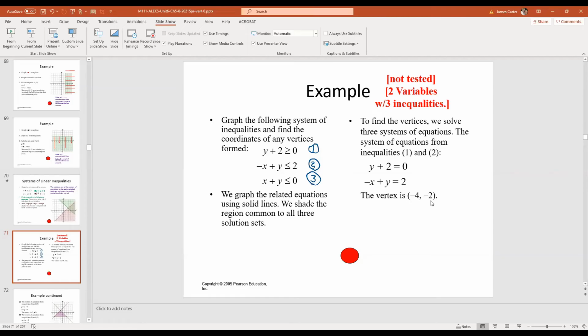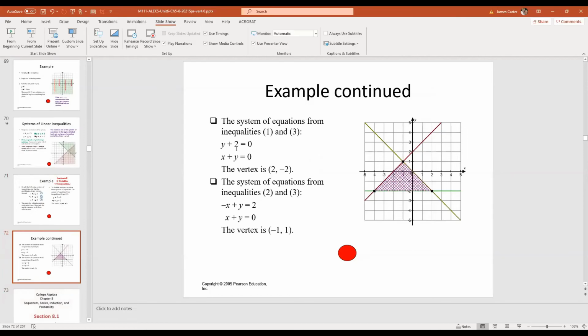And what they ended up doing is finding the point -4, 2 as the point of common intersection of those two. Then they did the same thing for 1 and 3, then for 2 and 3, and they figured out these points right here. Now, just simply by graphing them, you would figure that out, because y plus 2 gives you y equals 2, and so on.